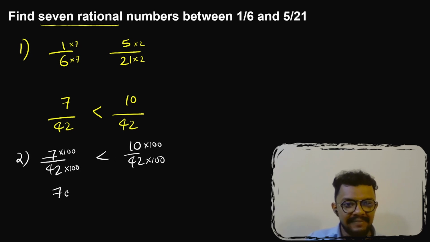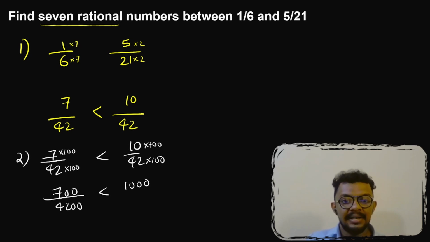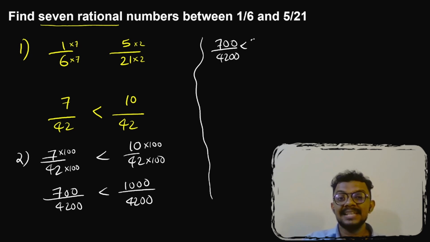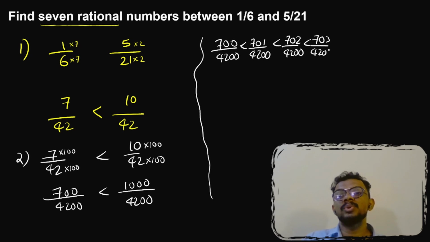7 into 100, 700 divided by 4200 is less than 1000 divided by 4200. Can you find 7 rational numbers between them? Pretty easy. 700 divided by 4200 is less than 701 divided by 4200, which is less than 702 divided by 4200, less than 703 divided by 4200.